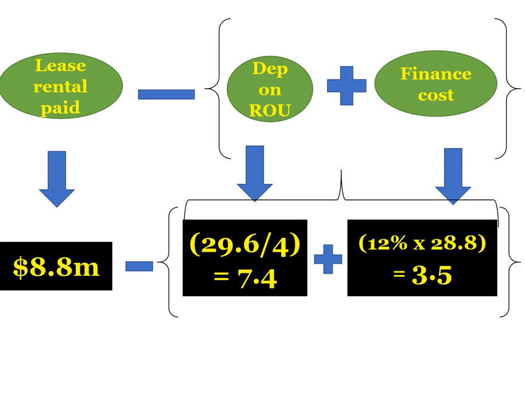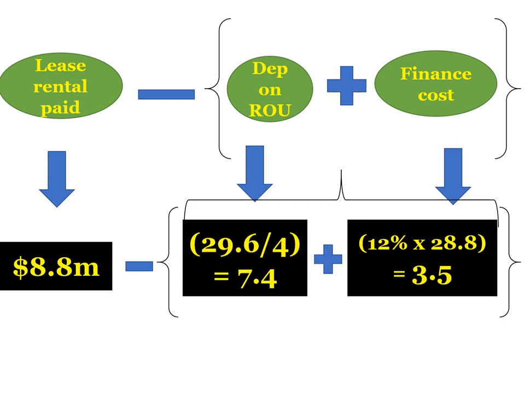Remember, it's our interest rate implicit in the lease, times the 28.8, our initial lease liability, is 3.5. So we paid 8.8, which is what the taxman is allowing us as a deduction. Our depreciation is 7.4. Our finance cost is 3.5.